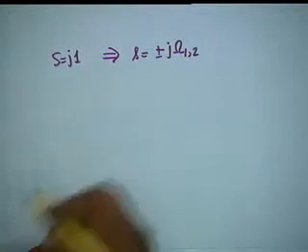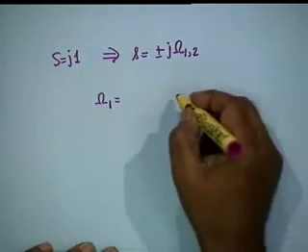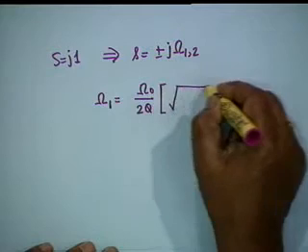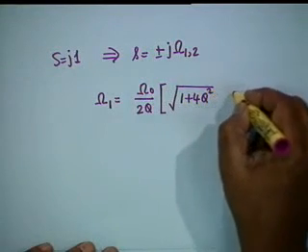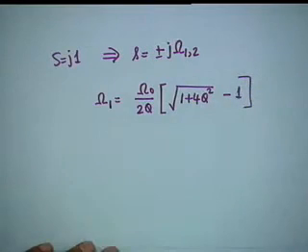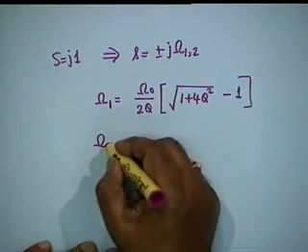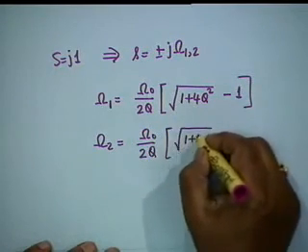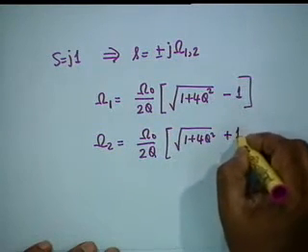This is 1 plus this and this is minus 1 plus this, and therefore, the two cutoff frequencies s equal to j1 goes over to small s equal to plus minus j omega 1 2, where the cutoff frequencies are omega 1 equal to omega 0 divided by 2q times the square root of 1 plus 4q squared minus 1, okay, and the other one would be omega 2 equal to omega 0 by 2q times the square root of 1 plus 4q squared plus 1.